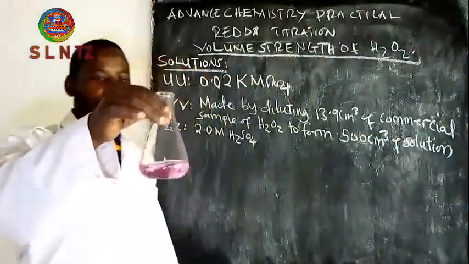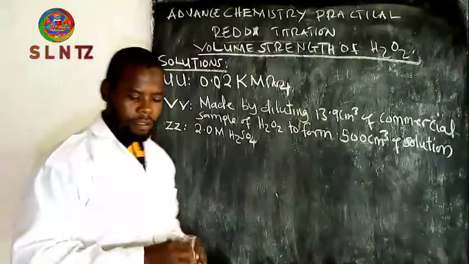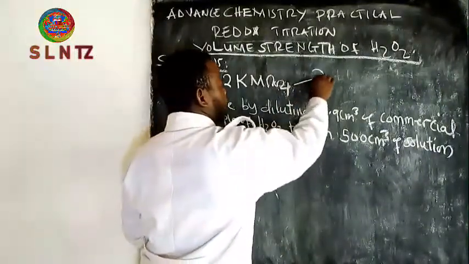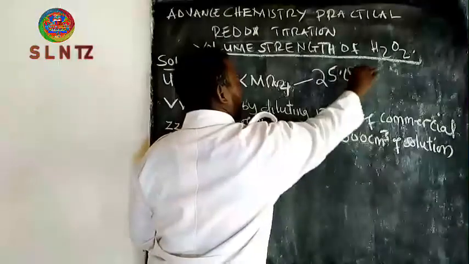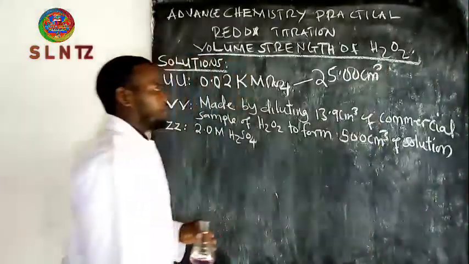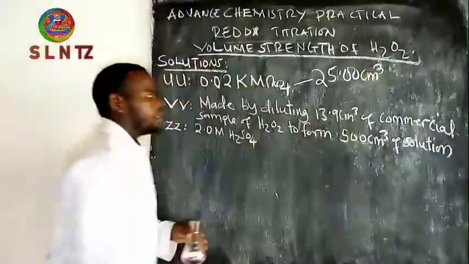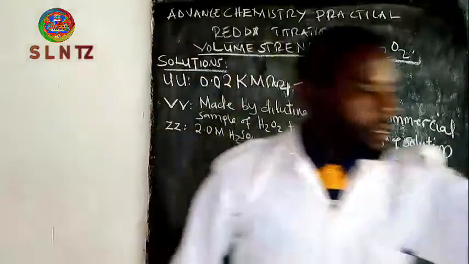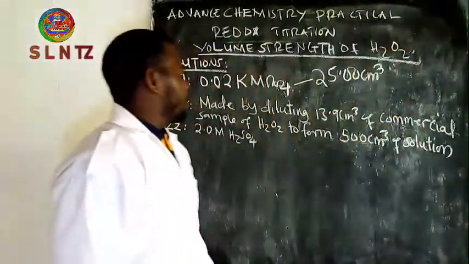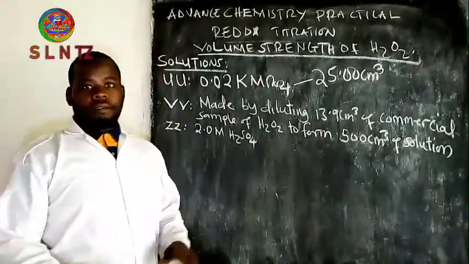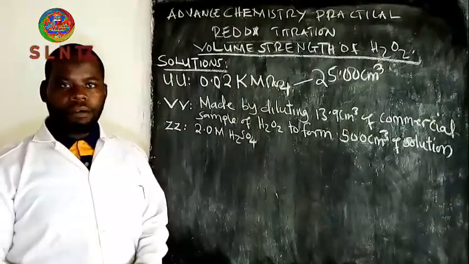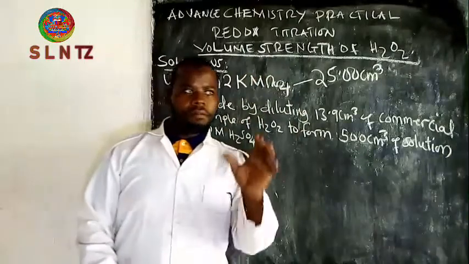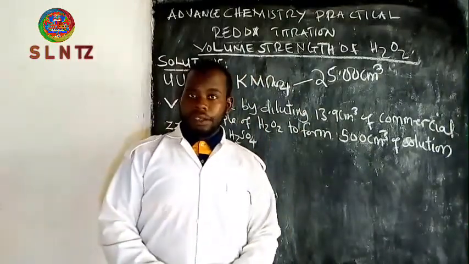After looking at this, we have noted the volume is 25.0. This is the ending point. So after getting the volume, we have to calculate our objective of our lesson, the volume strength of hydrogen peroxide.